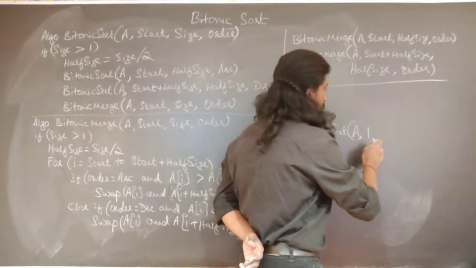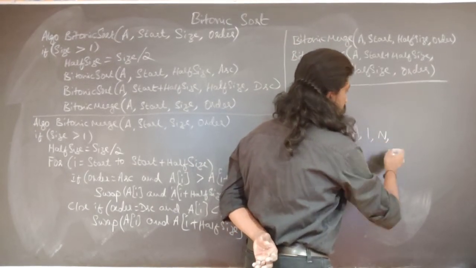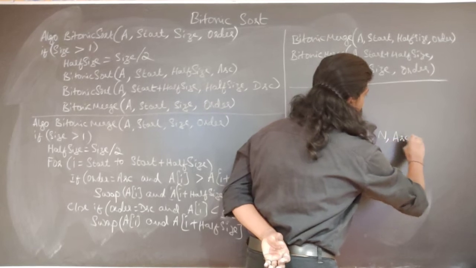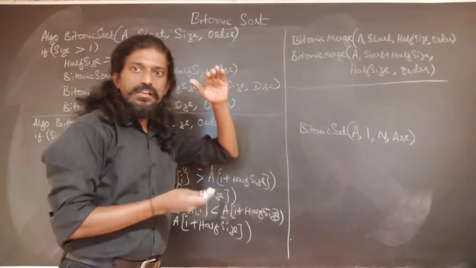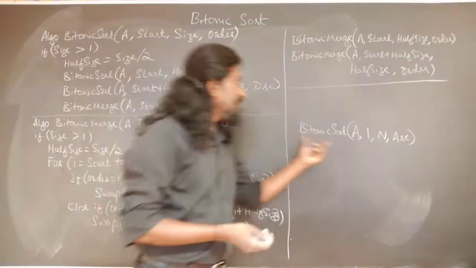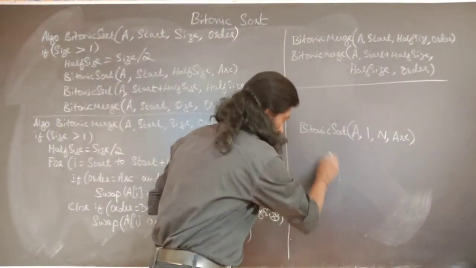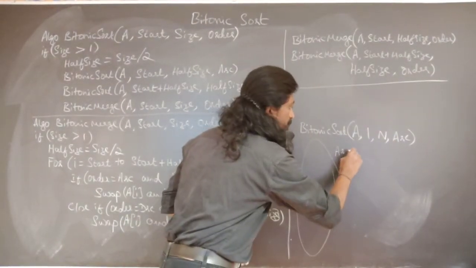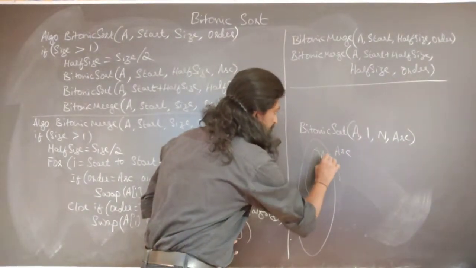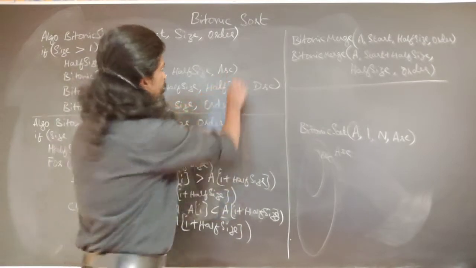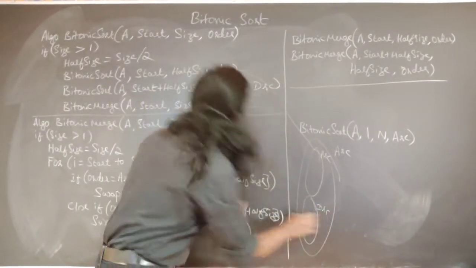Then size, the number of elements, we have n elements, and here we have to tell ascending. This initial call tells finally in what order we want the list to be, ascending or descending. This is the final call, ascending. Inside, whatever we were telling ascending is this call, and internally when we were telling descending, that is this call.